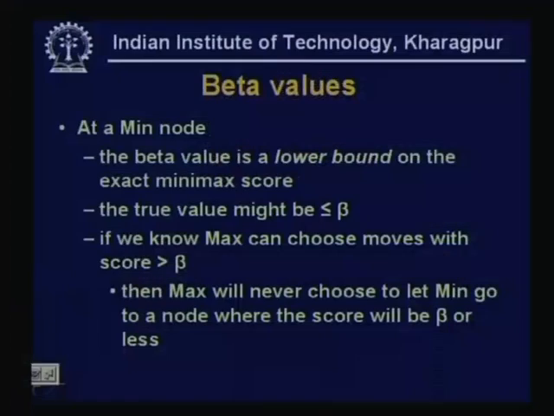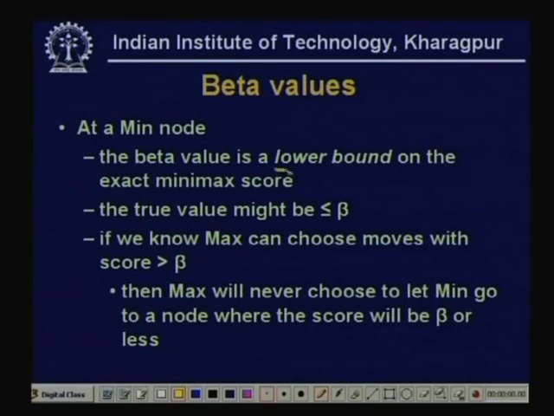Similarly, the beta values can also be used for another type of cutoff. At a max node, the alpha value is a lower bound.